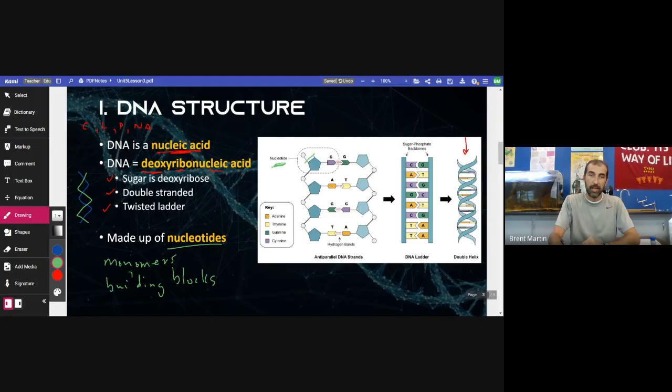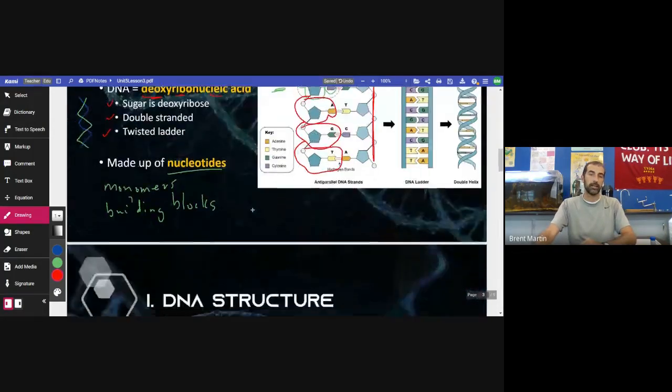It has the 5-sided sugar, it has a phosphate group, and then it has a nitrogen base. It's the same thing all the way down. This double-stranded DNA molecule is a nucleotide, a nucleotide, a nucleotide. Then you turn them the other way and you get the other side of the DNA molecule. So literally, DNA is a sequence of nucleotides.